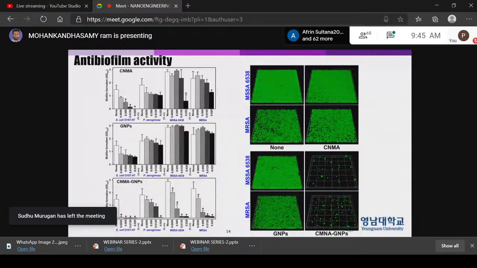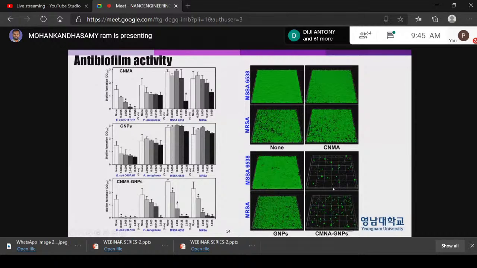Compared to the other two, our cinnamaldehyde gold nanoparticles are highly antibiofilm in nature. The results are shown in the right-hand side confocal microscopic images. You can see the dark, floor-mat-like 3D image of the biofilms, and after treatment with cinnamaldehyde-containing gold nanoparticles, they are completely removed.